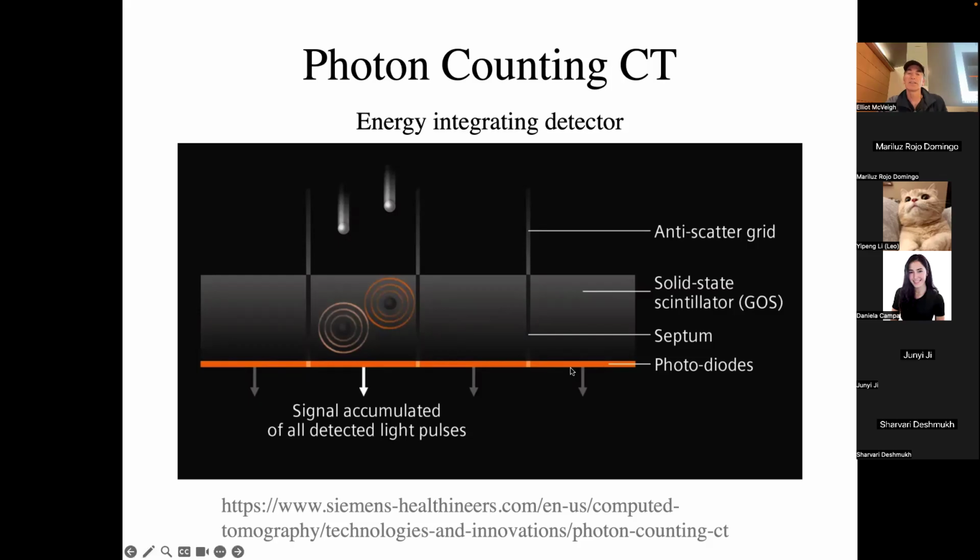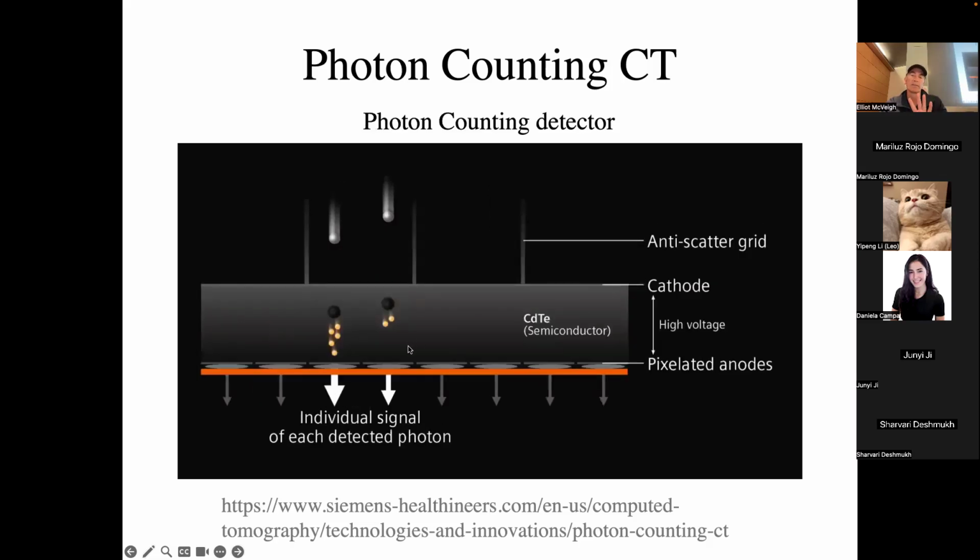And this technology will be replaced eventually. In 20 years, probably 50% of scanners will have what's called a photon counting detector in them. What happens here is the X-ray comes in and interacts with this material, the semiconductor, to produce electrons, not light.